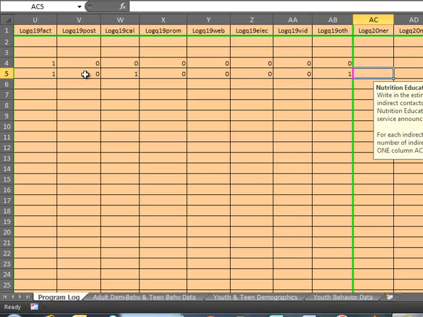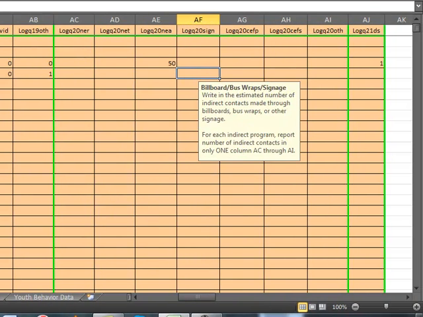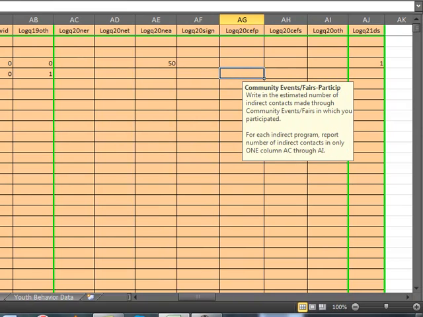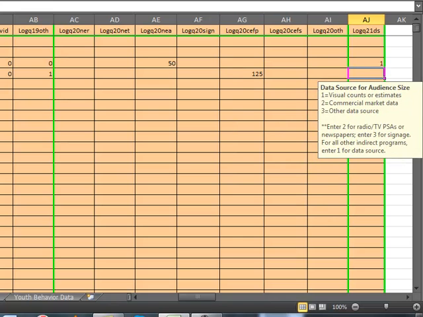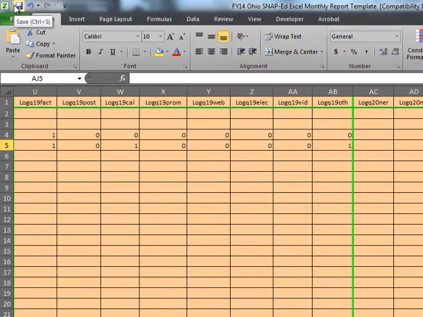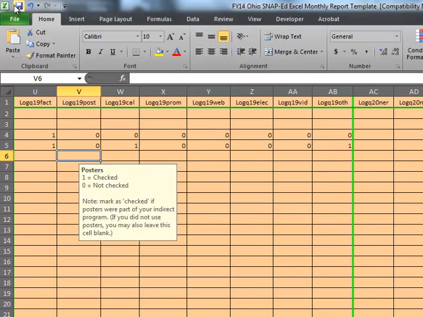Now, because I had multiple items used as part of this program that was done as a community event, I will report the number of participants, say 125, under column AG, and my data source again is a 1 because I know that I interacted with 125 people.